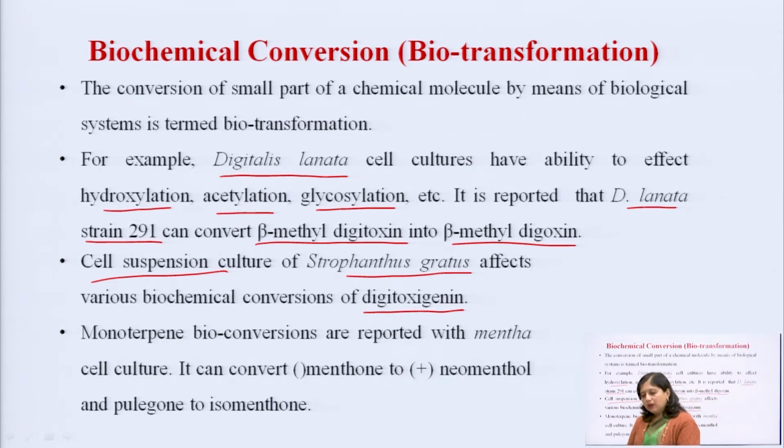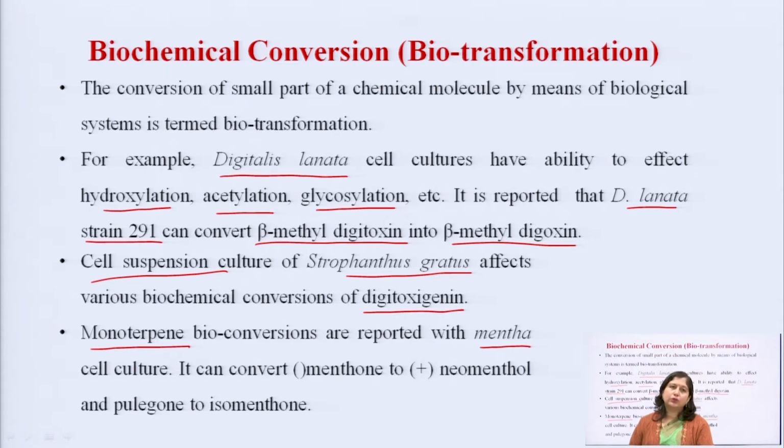Then in the third example, monoterpenes are those compounds which have the C10H16 basic structure. In monoterpenes, we could easily do the bioconversion in the mentha cell culture. Mentha is basically a peppermint plant, and it is a very rich source of menthol.